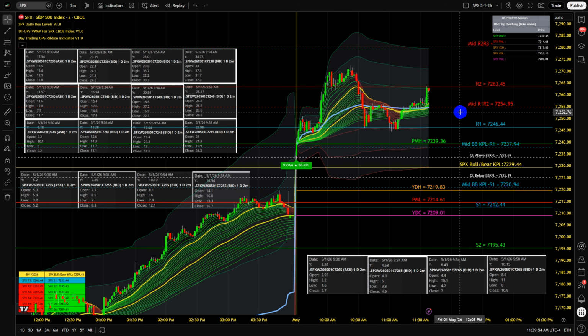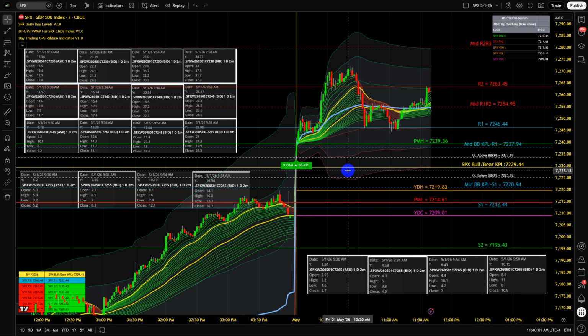So what we mean by moving to break even is not moving your stop loss to the bull bear key price level or moving your stop loss to the entry point.